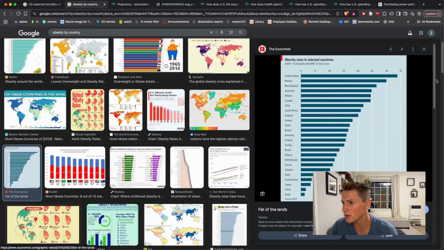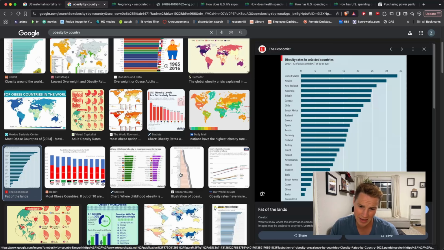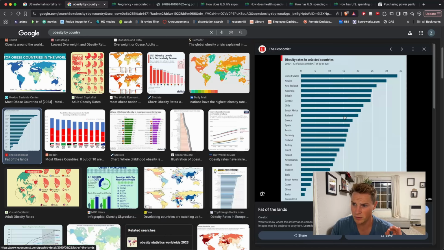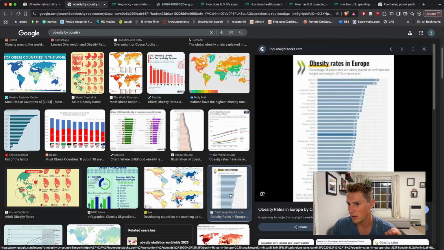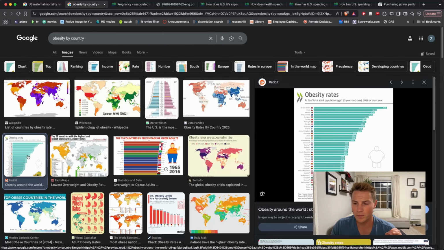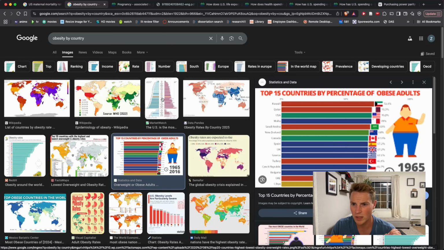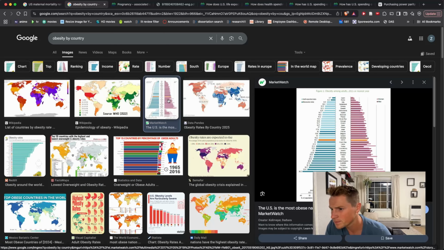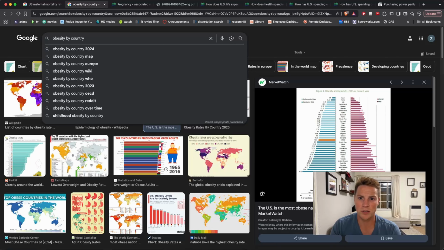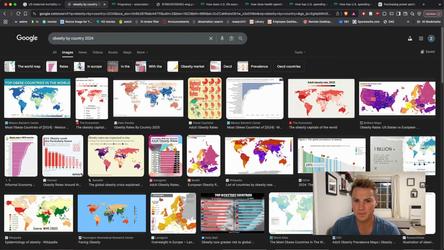They do put the United States first in 2009. See, that is where the issue is. What we used to think of as the United States being the fattest country in the world is from old data. So Europe. This is Reddit. Man. By country 2024.